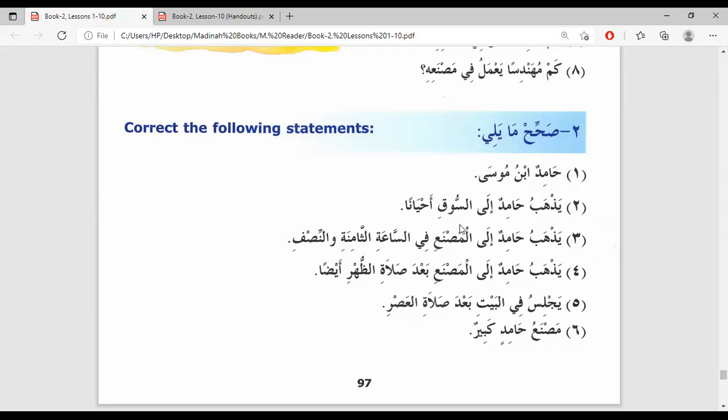Ghair sahih. Yes. Hamid is father of Musa here. So Hamidun ibn Musa, then the other way around. It should be Musa ibn Hamid. So is it sahih or ghair sahih? Of course sahih. Okay, number 2.